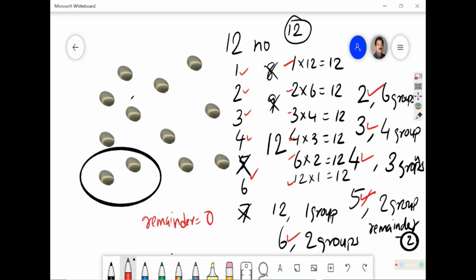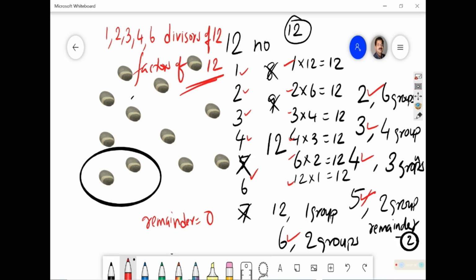So we can call the numbers 1, 2, 3, 4, not 5, 6 as divisors of 12 or factors of 12.